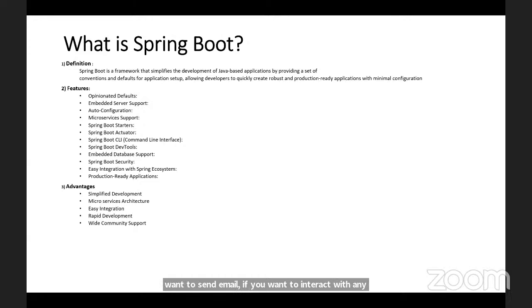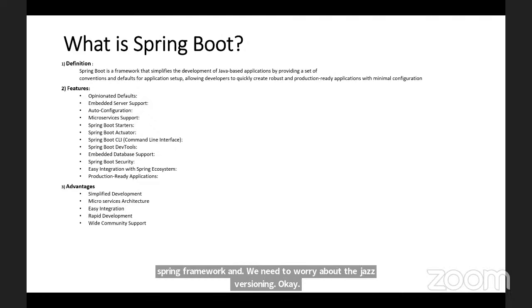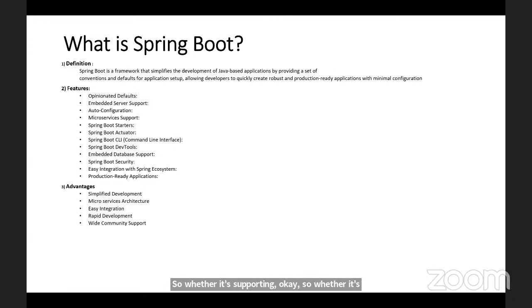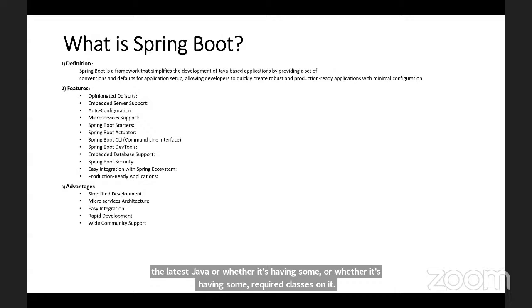we need to include those jars, right? Before Spring Boot, if you wanted to develop with the Spring framework, we needed to worry about the jar versioning. Whether it's supporting the latest Java, or whether it has the required classes or not. Those were our worries in the previous applications.